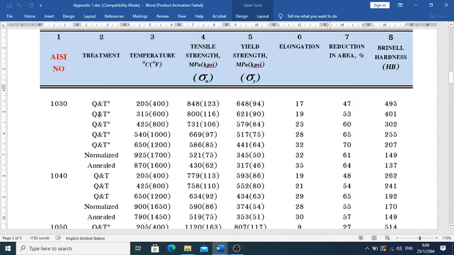We change the temperature, which makes the steel harder. Normalize means we heat it up and let it cool down at normal temperature. And the other one, we heat it up and let it cool down very slowly.